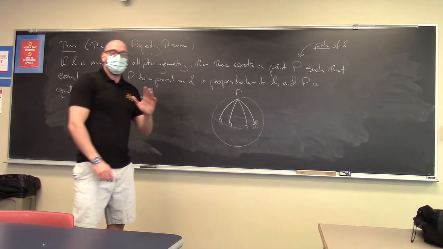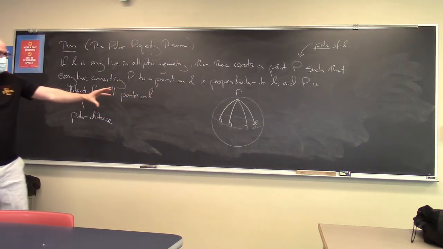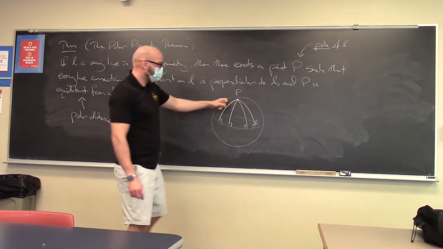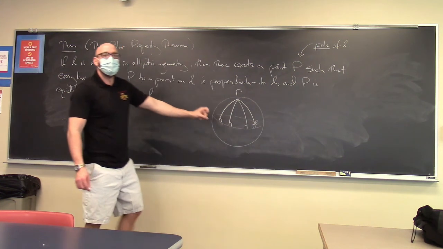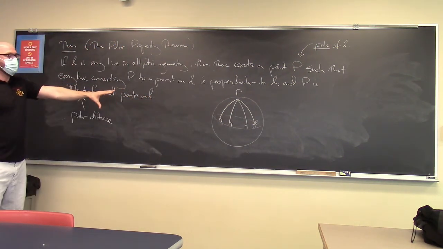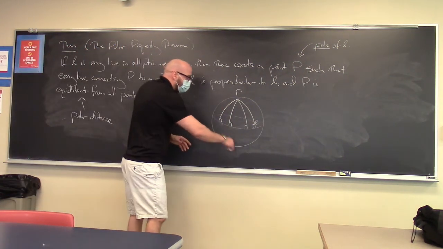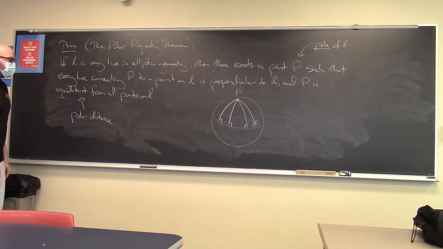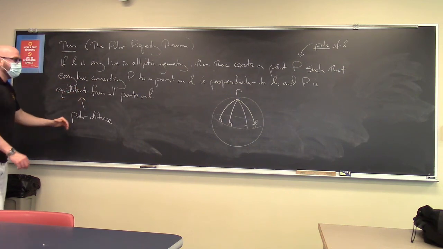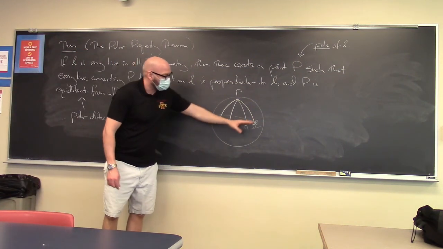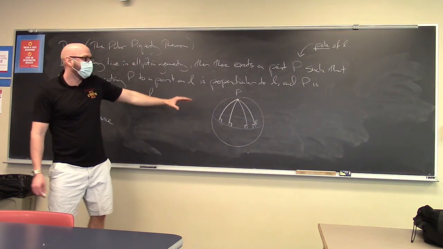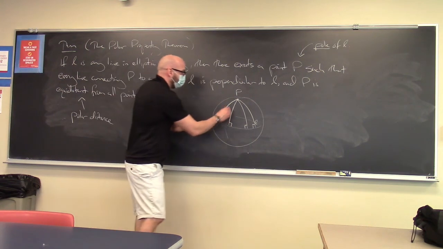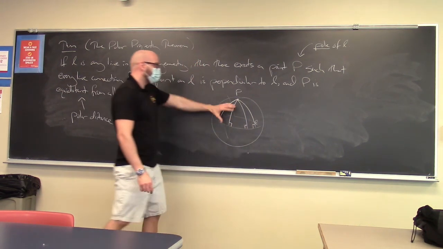Notice I haven't thrown in a few extra words that you might expect. You might expect me to call this the polar distance for L. But again, it's not too hard to think about on a sphere. What if I had a different line and I thought about where the pole is relative to that line? Well, it wouldn't be too hard to convince yourself, at least visually, that the polar distance for every line is exactly the same, right? If I have another line here, I'm not going to draw it, but if I attempted to put a pole on here, it'd be the same distance away.